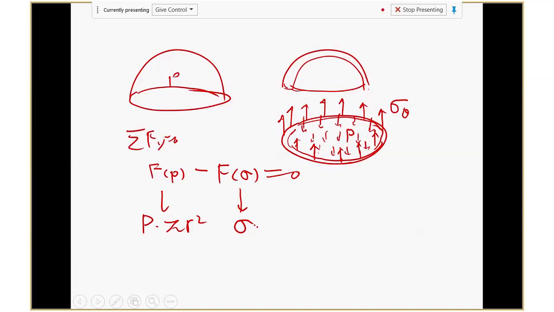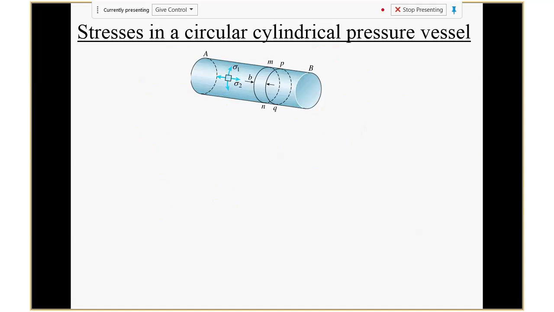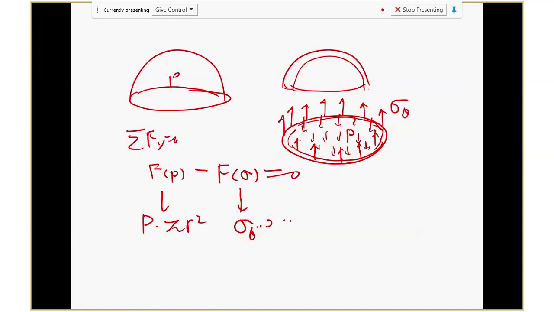The stress is sigma theta. What's the area of that edge? 2 pi r times the thickness. What's the thickness? We call it small t. This minus each other should be equal to 0.